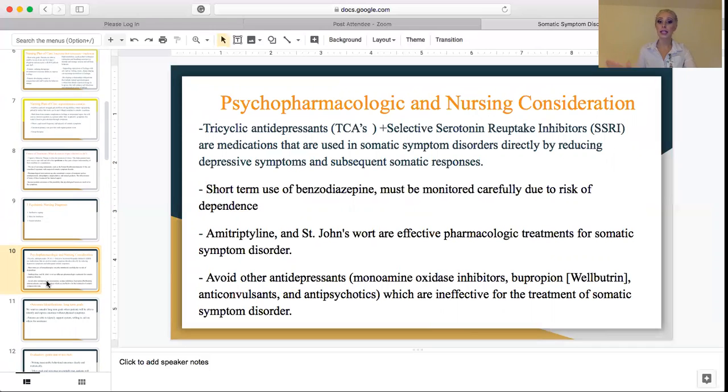Amitriptyline and St. John's wort, which is also known as the happy pill, are also effective pharmacological treatments for somatic symptom disorders. Avoid other antidepressants like monoamine oxidase inhibitors, Wellbutrin, anticonvulsants, and antipsychotics, as these are ineffective for the treatment of somatic symptom disorder.